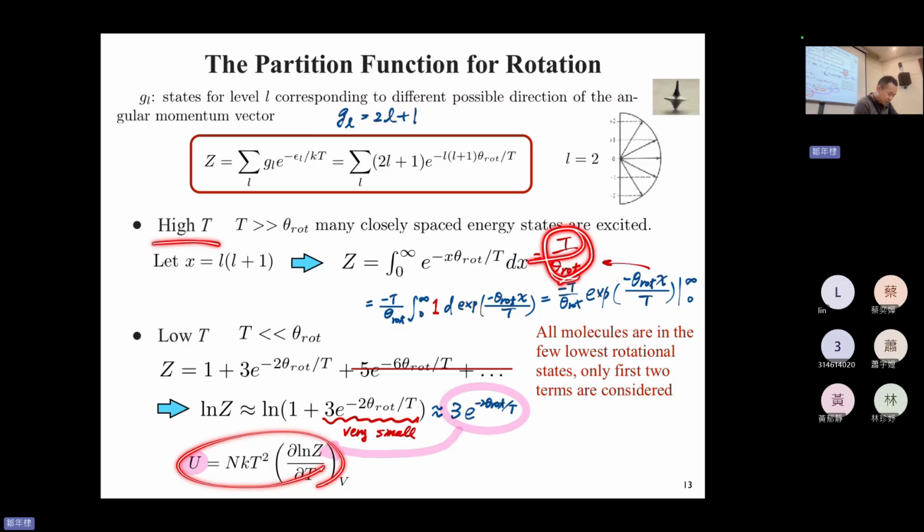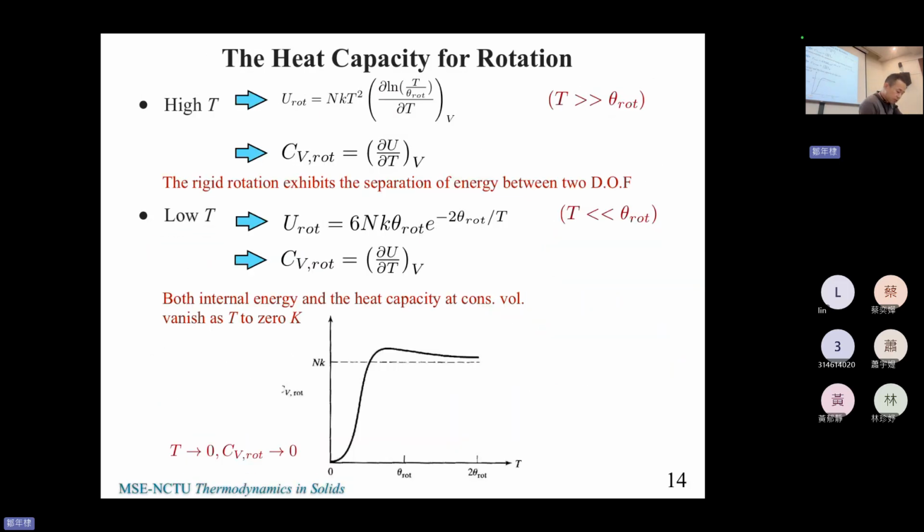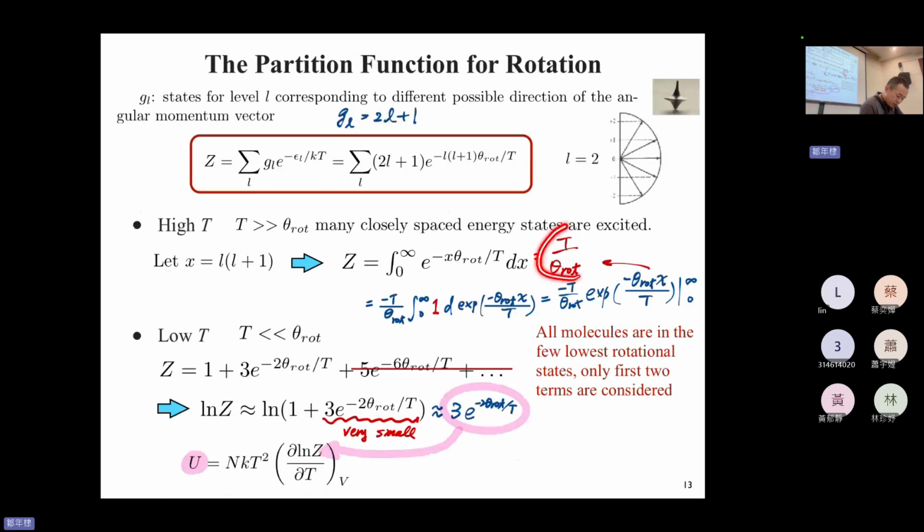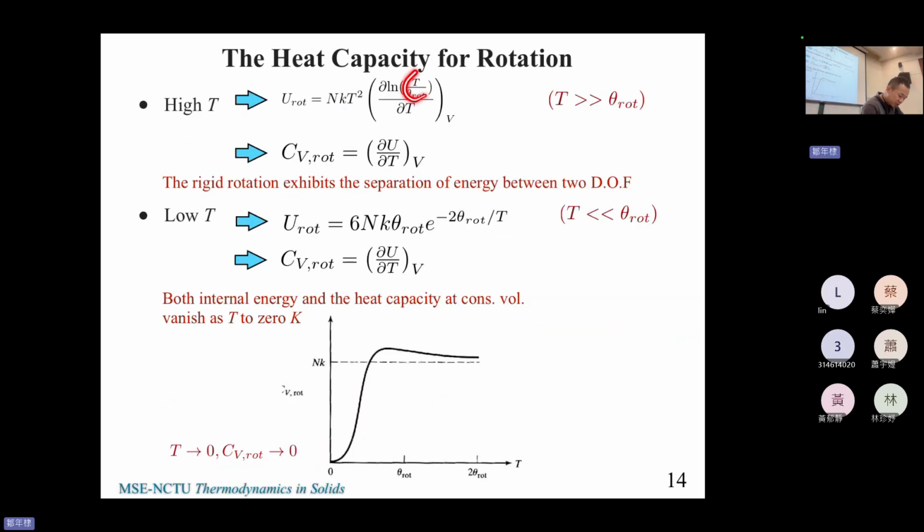This is for high T, this is for low T. Okay, so now this is high T. We have T over theta rotate, natural log T over theta rotate, and do the differentiation.